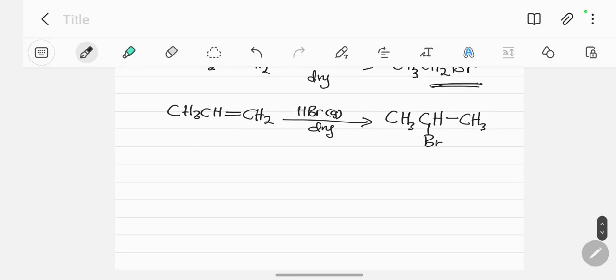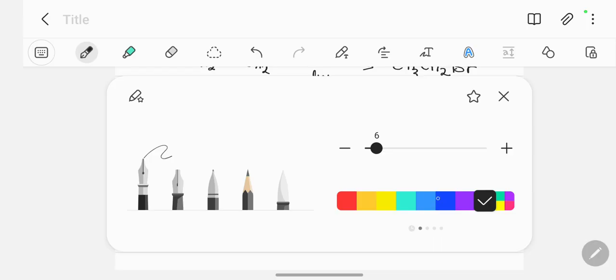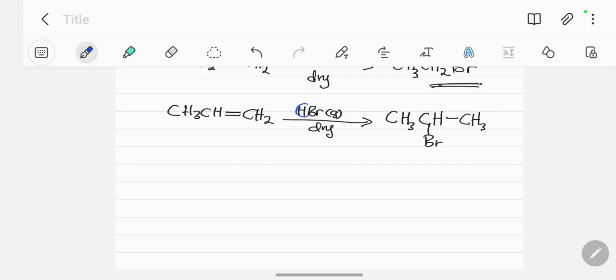So what happens? This hydrogen goes to the carbon atom with the higher number of hydrogen atoms.